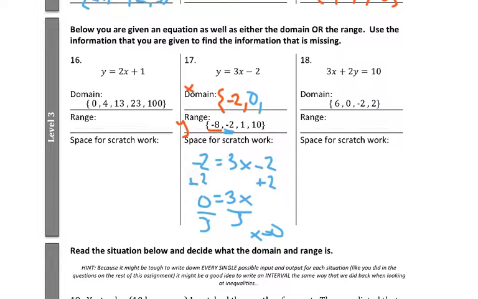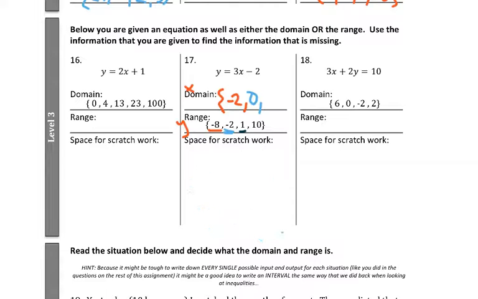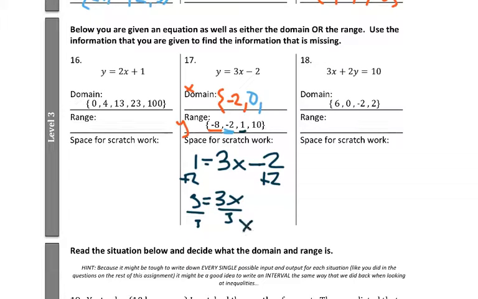All right, let's do that again, only this time I'm going to plug in the number 1 for my y number. So I've got 1 equals 3x minus 2. Add 2 to both sides, so 3 equals 3x. Divide by 3, and x equals 1.